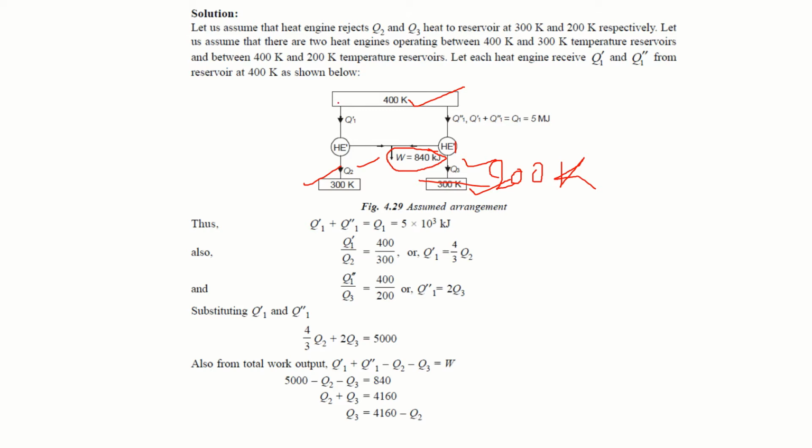So the amount of heat it is drawing from the source is Q1 dash and Q1 double dash. The net work it is producing is 840 kilojoules. Now what I have to find out is the Q2 value, Q3 value, Q1 value, all these things. Q1 dash plus Q1 double dash, that is nothing but total Q1, is given as 5 megajoules.